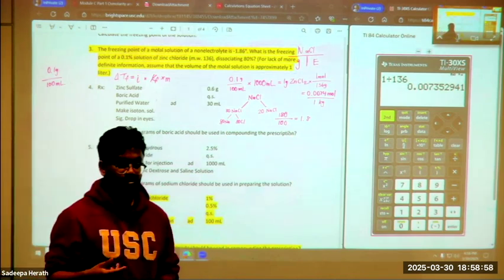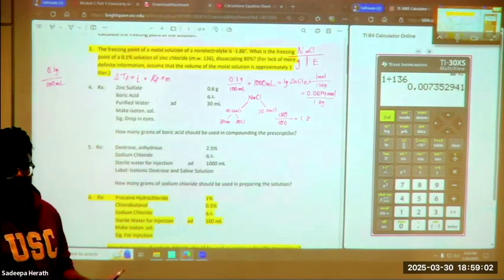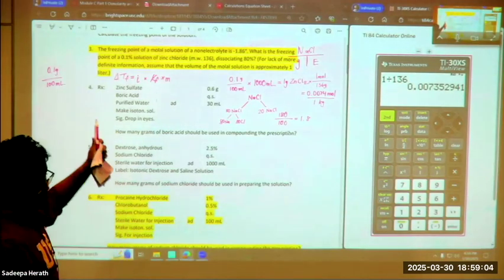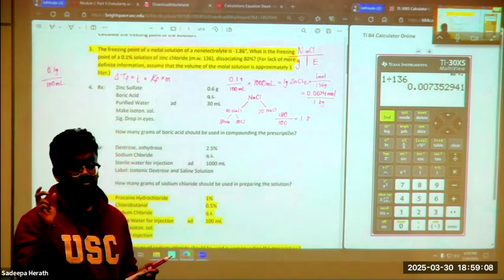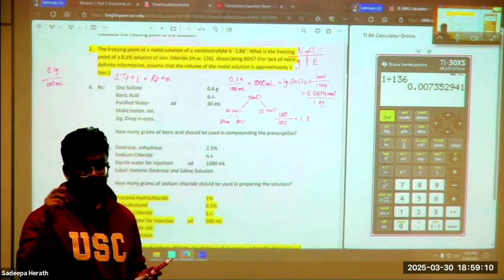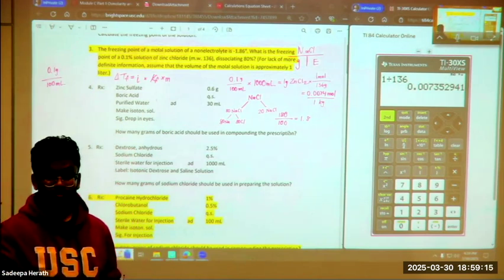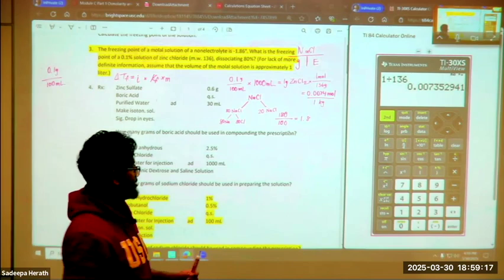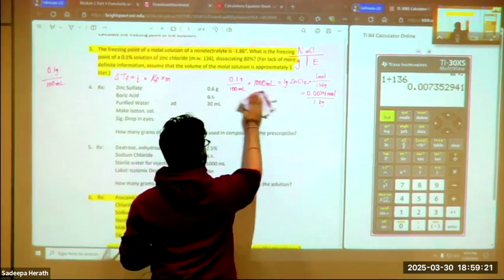And then for every additional part of the compound, so zinc chloride, for example, there's zinc and then 2 chlorides. So that's 3 parts. For every additional part added to a compound, you increase that i factor by 0.8. So let me just write it out to show it to you guys.